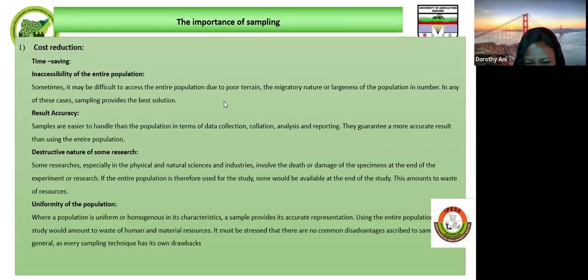It must be stressed that there are no common disadvantages ascribed to sampling, as every sampling technique has its own drawback. Here I'm not trying to tell you to use simple random sampling, or stratified, or this. Each of them has its own merits and demerits. So the one that appeals to you, you can use.